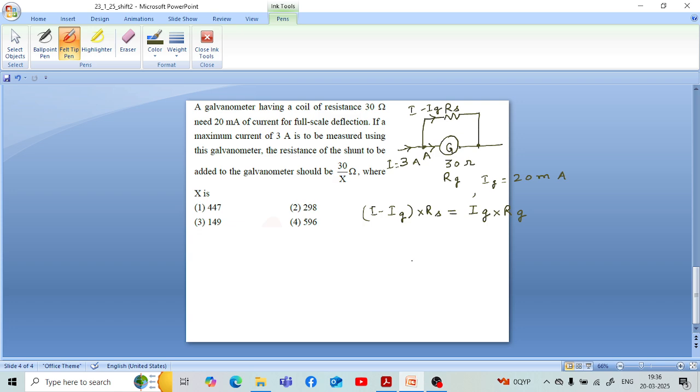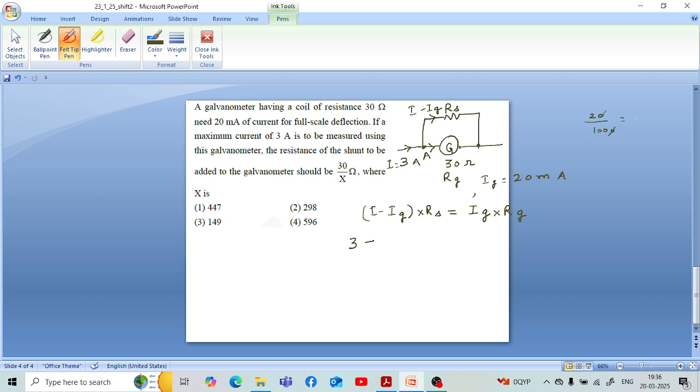Now let us put in the respective values. The current I is 3 amperes, minus Ig. Ig is given as 20 milliamperes, which if we convert into amperes, we divide by 1000.